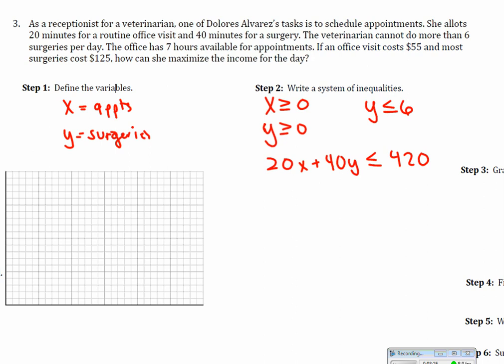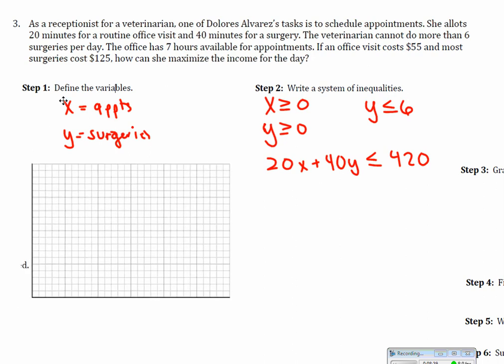So now let's do a quick look. Do I have any other ones to go off of? Not really. So X is at least 0, Y is at least 0. Let's take a look at our graph here. So Y is less than or equal to 6.